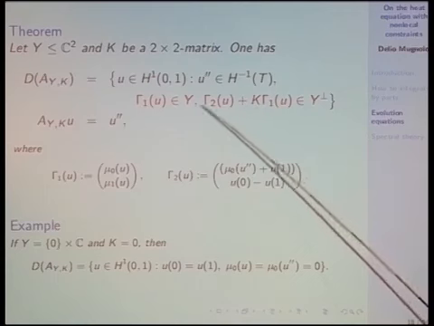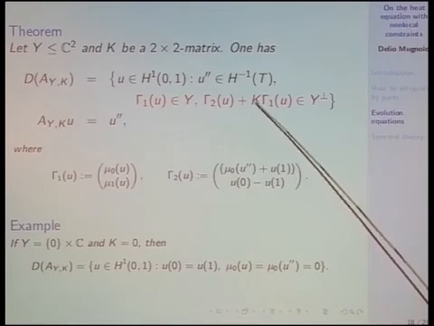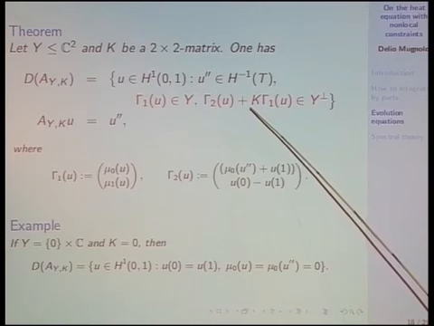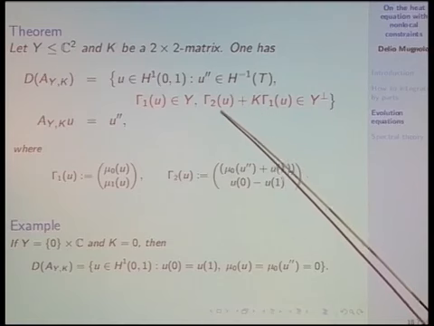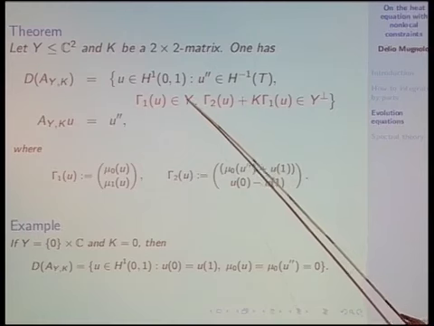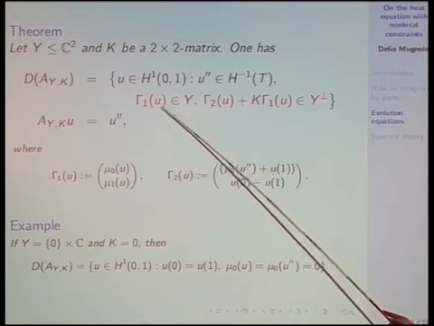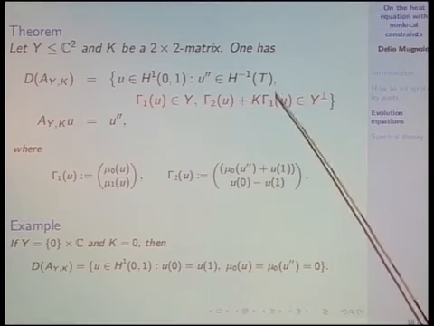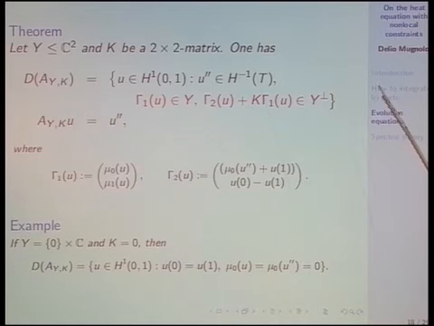Of course, these two boundary conditions together yield two conditions in all cases. So if y is a two-dimensional space, then here there is no condition, so this condition is void, but then you get here 2 and so on. So it's exactly what you would expect.